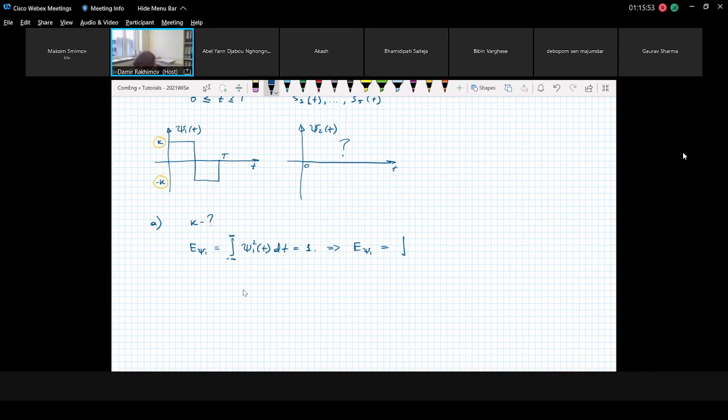I can write the integral from 0 to T of k squared dt. You could split the integral and write it for each part separately, but the result will be the same.